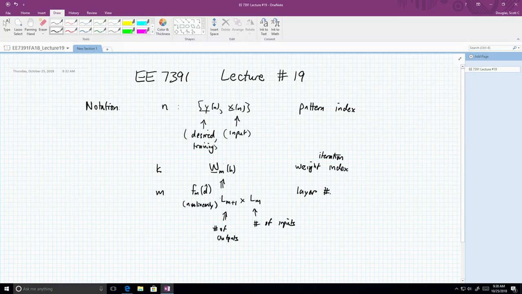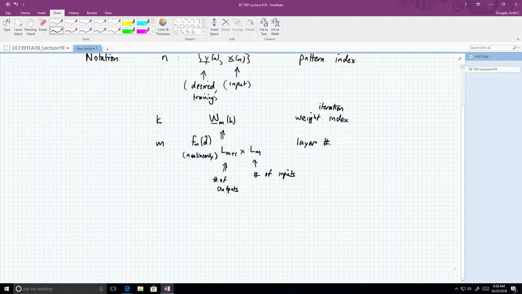So you get the idea that we're defining all of these indices in terms of neural network training. And then we also have capital M, which is the number of layers.